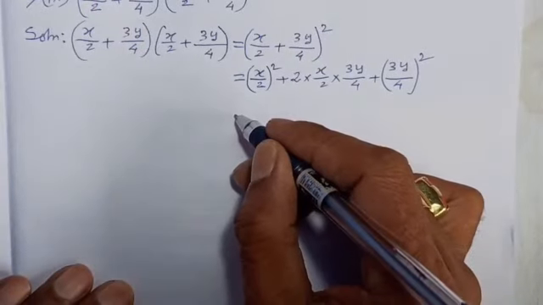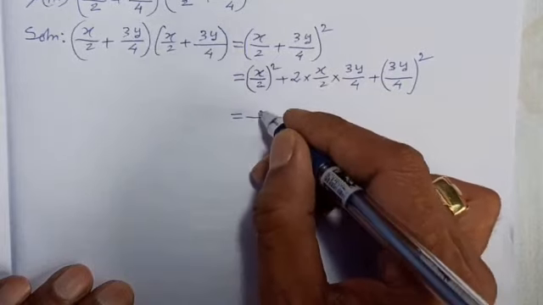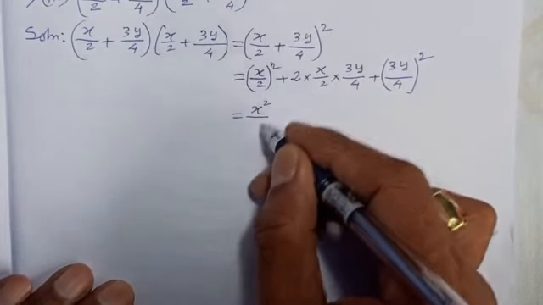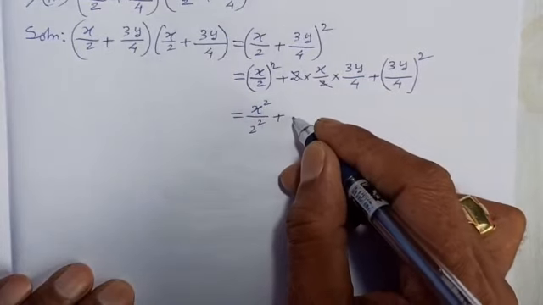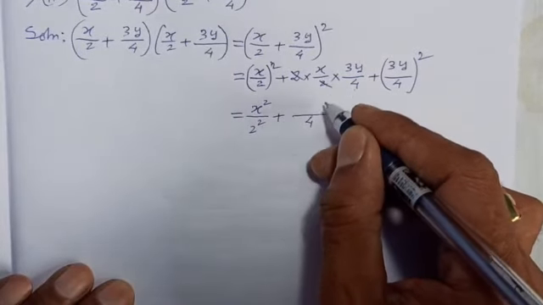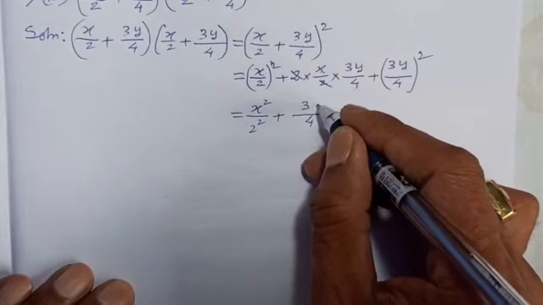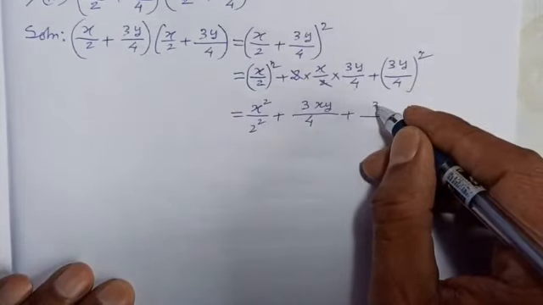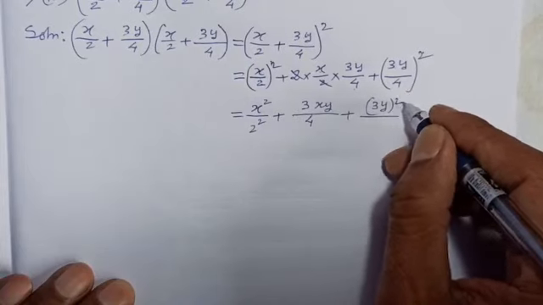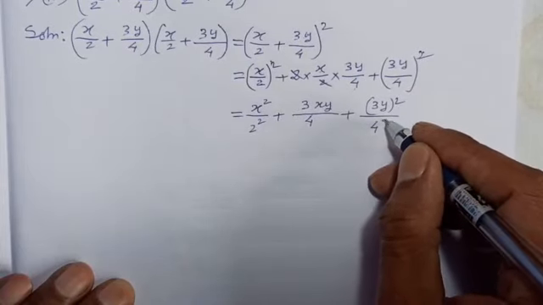Next is x square, then 2 square, plus sign, this 2 and this 2 are cancel. 4 in the denominator, 3 into xy is 3xy, plus (3y) whole square, 4 square, like this.